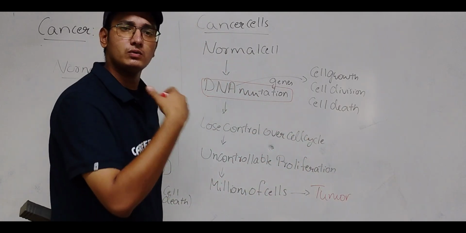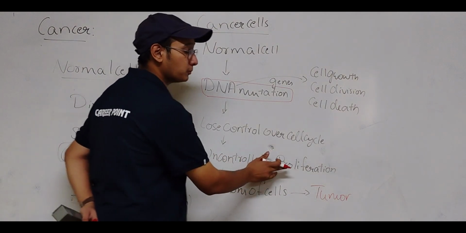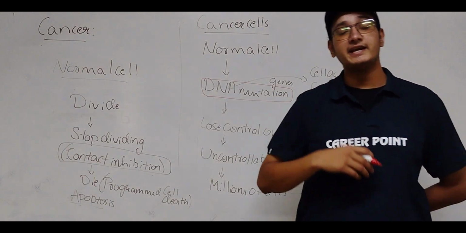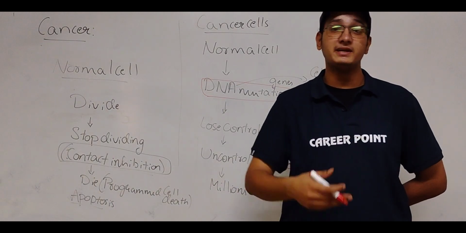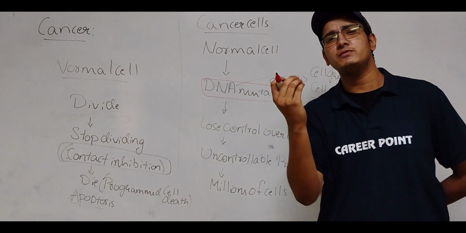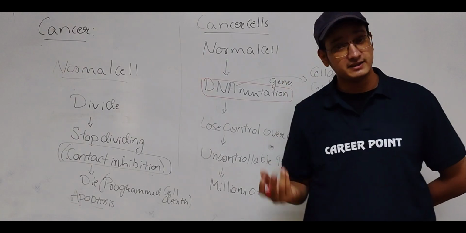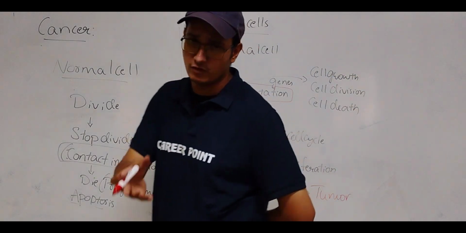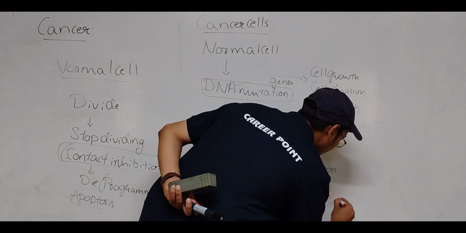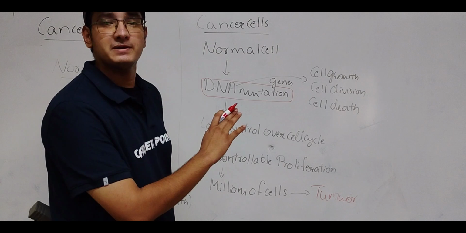They cannot stop the division, and cell death won't happen. Uncontrollable proliferation has occurred, meaning uncontrollable division has occurred. Then millions of cells are formed, and this leads to the formation of a tumor. This is what happens in cancer.